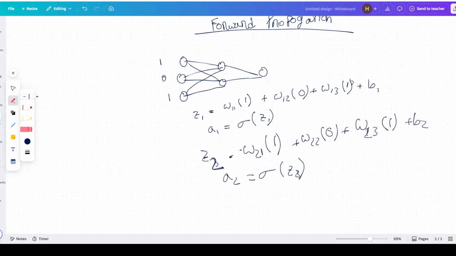So this is for the input to hidden function.